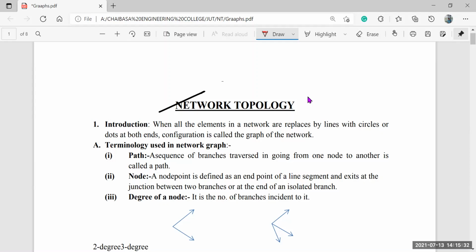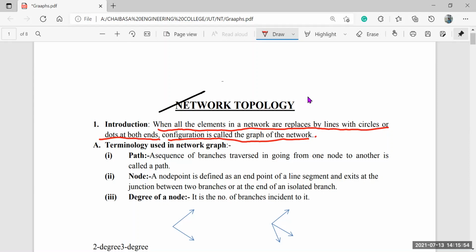Okay, so we'll see first what is a network topology. Now, the introduction part. When all the elements in a network are replaced by lines with circles or dots at both ends, the configuration is called a graph of a network.